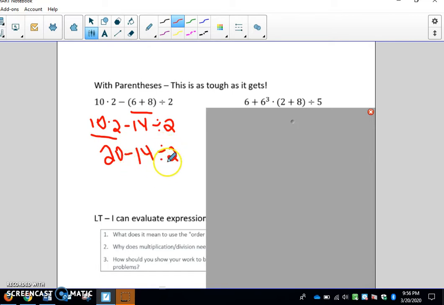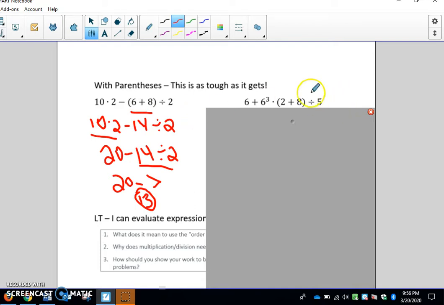Now I've got subtraction and division, and division is the next strongest operation. 14 divided by 2 is 7. Now when I take 20 and subtract 7, I'm left with 13. So notice that all I'm really doing is taking that parentheses step and doing it first as a focus to the order of operations.